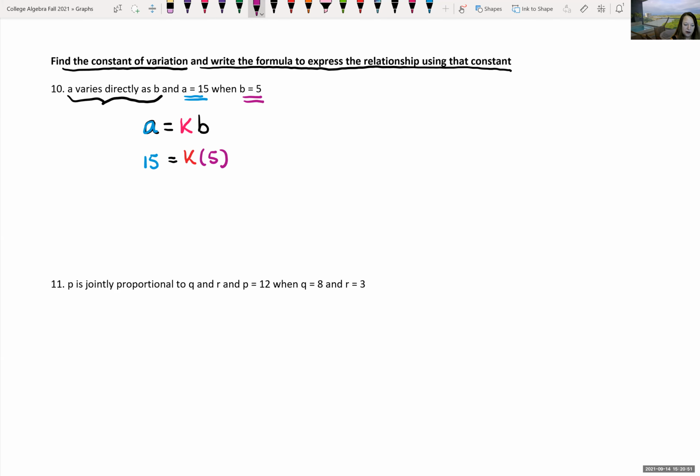Divide both sides by 5, we get K is equal to 15 divided by 5, which is 3. They want us to write the formula with the value we found for K, because that's always going to be the case for this setup. So A is equal to 3 times B.